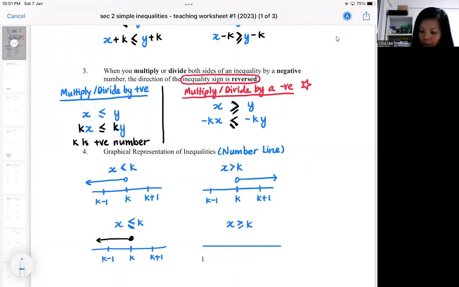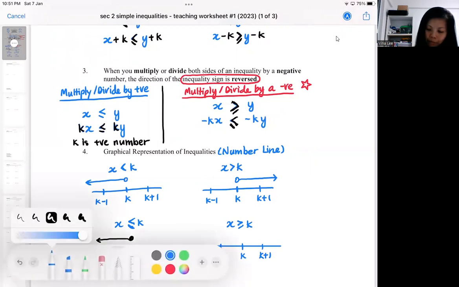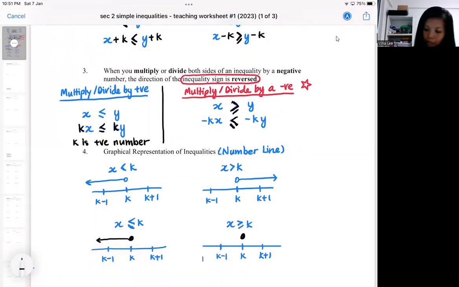To show that k is included, we will put a black circle. So that's how we do the graphical inequality.